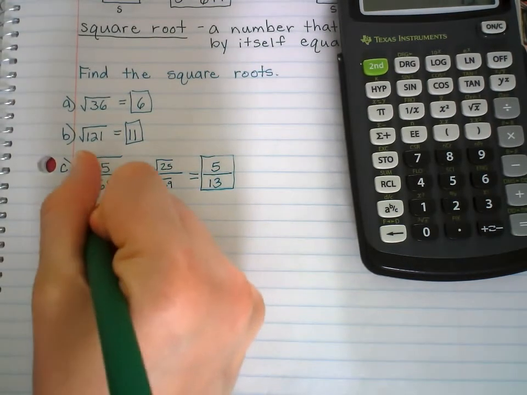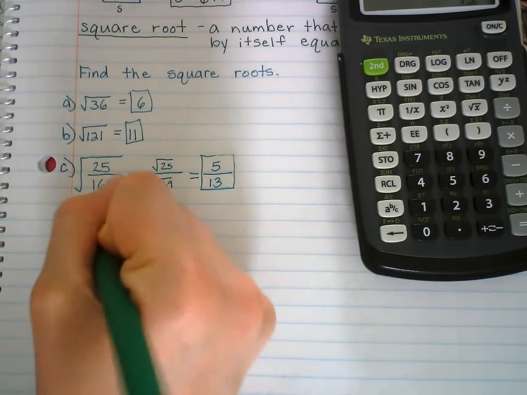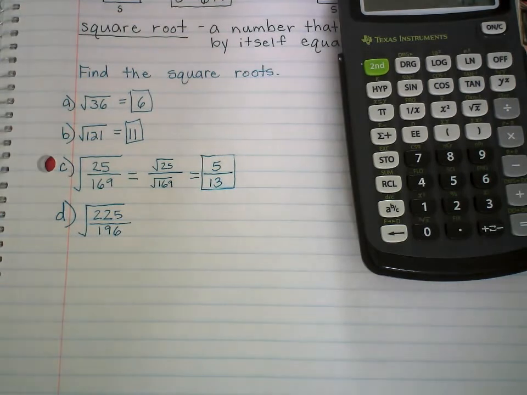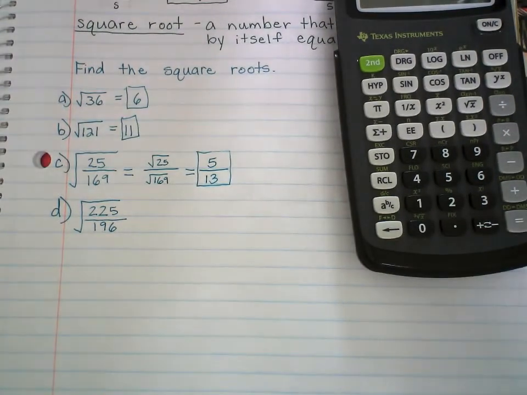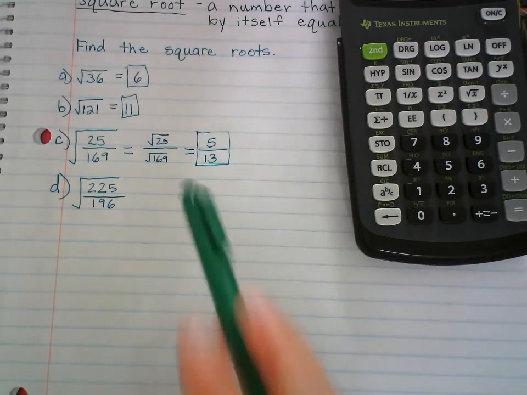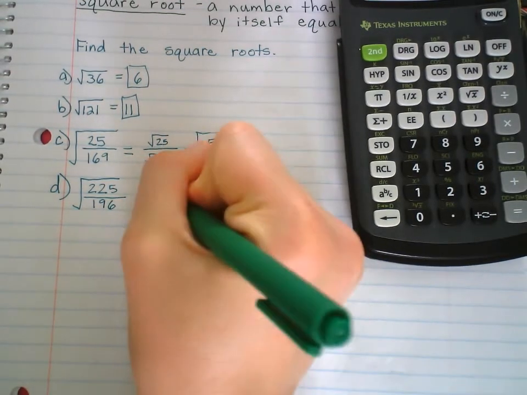Let's try another one. You guys try this one and then come back to the video. So find the square root of 225 divided by 196, just like we just did. So pause the video and try to solve this one. So first we got to separate it.